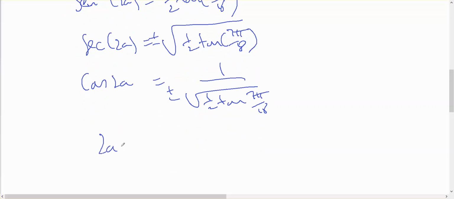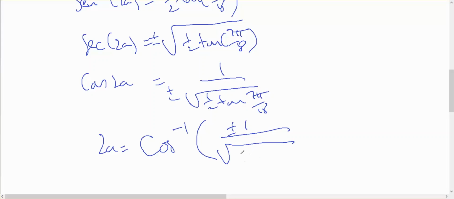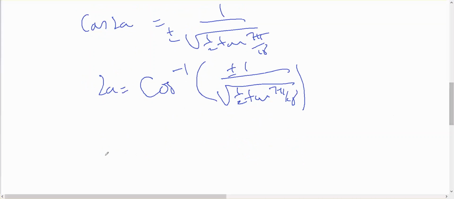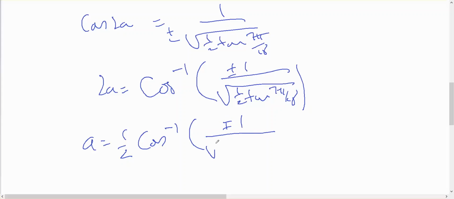And 2a will equal the inverse cosine of 1 on plus or minus the square root of a half tan of 7 pi on 18, and a will equal a half the inverse cosine of negative or positive 1 on top of the square root of a half the tan 7 pi on 18.